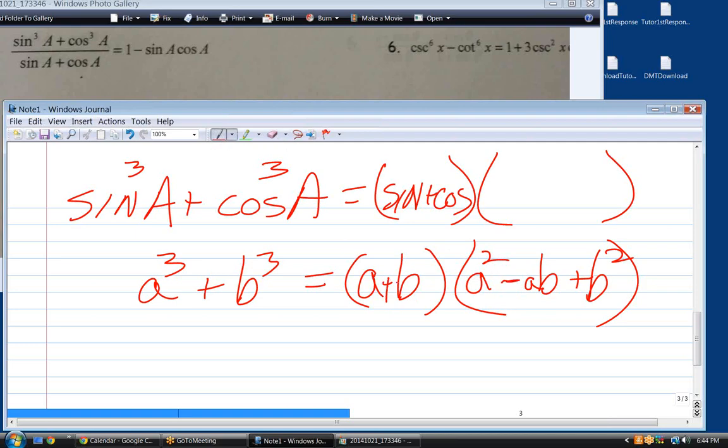Always make the linear factor the same sign, and make the quadratic factor have the opposite sign in the middle. Okay, so this becomes sine squared minus sine cosine plus cosine squared. Okay?